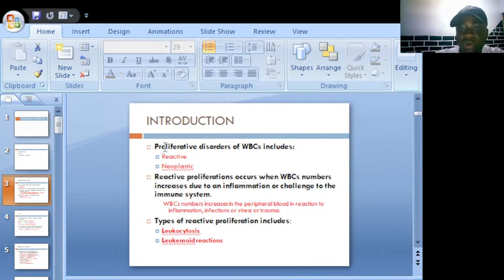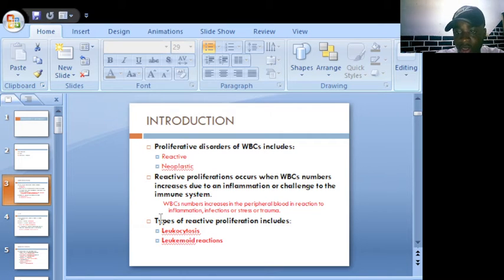So talking about hematological malignancies, I want us to first look at some causes of increased level of WBCs, before we go into hematological malignancies. We have disorders that can cause increased level of WBCs, that is the white blood cells. So other than hematological malignancies, we can have other causes that can cause increased level of what?